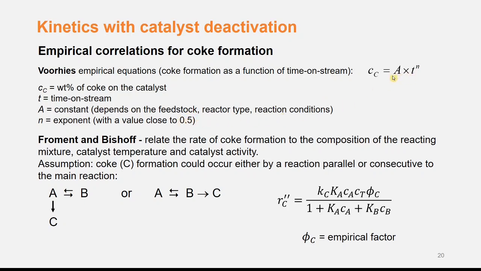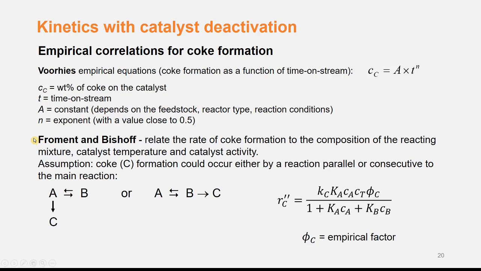The power law is a reasonable approximation because as time increases, the rate of formation of C reduces because n is less than 1. This is to be expected because the total number of active sites reduces as more coke is formed over time.